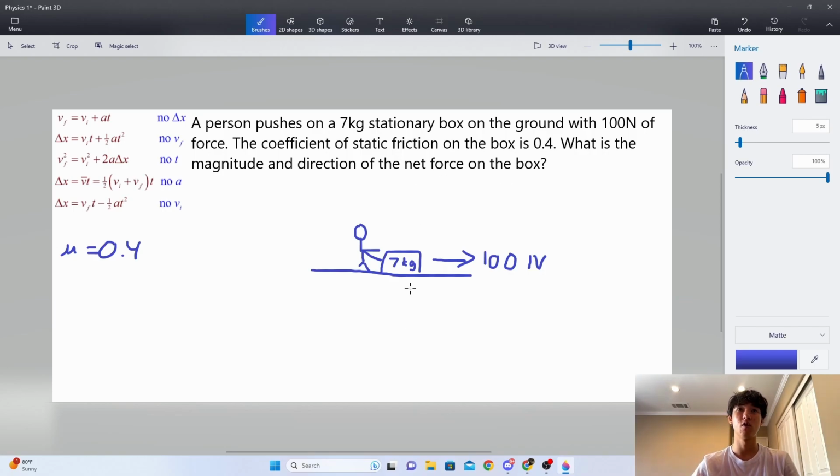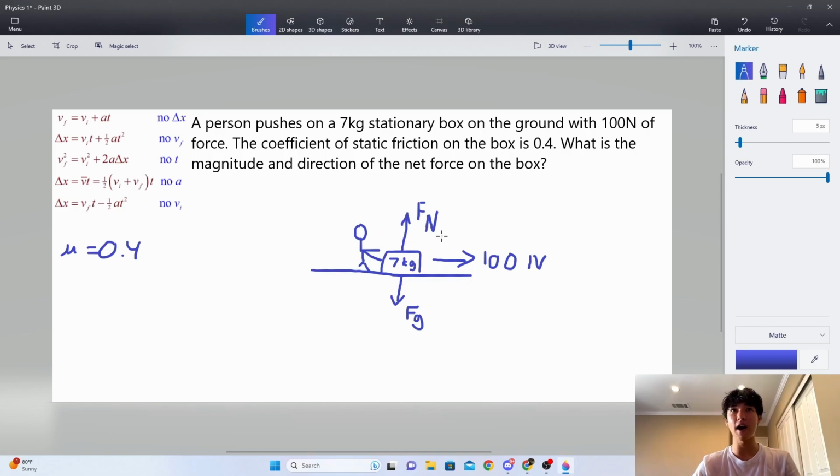Net force. Well, net force includes all the forces that are being applied on the box. So there's gravity keeping it from floating, right? If there was no gravity, it would just be flying around. So there's F of G, force of gravity. There's also a normal force being applied onto the box by the Earth, which keeps it from just tumbling into the Earth.